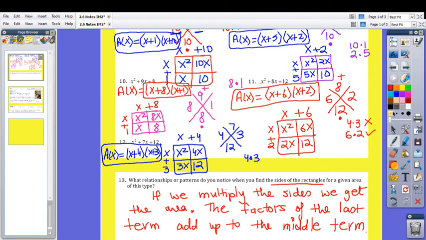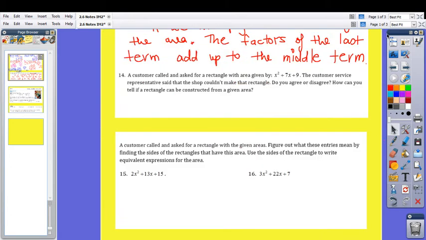Okay, now let's do the next one. The customer called and asked for the rectangle with area x squared plus 7x plus 9.